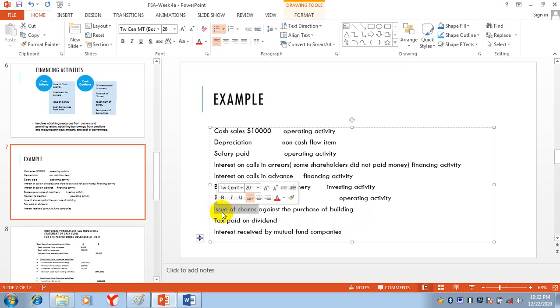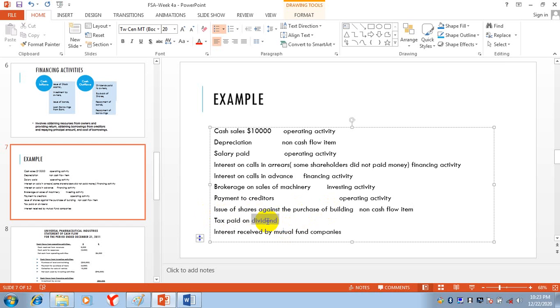So in that case, there is no cash payment. It is a non-cash item, a non-cash flow item. It is not affecting our cash flow because we didn't make a cash payment or receive cash.